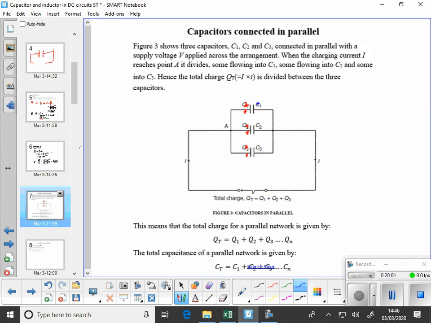So we'd have the same number of negative charges on there. So they're all going to charge up to the same voltage.